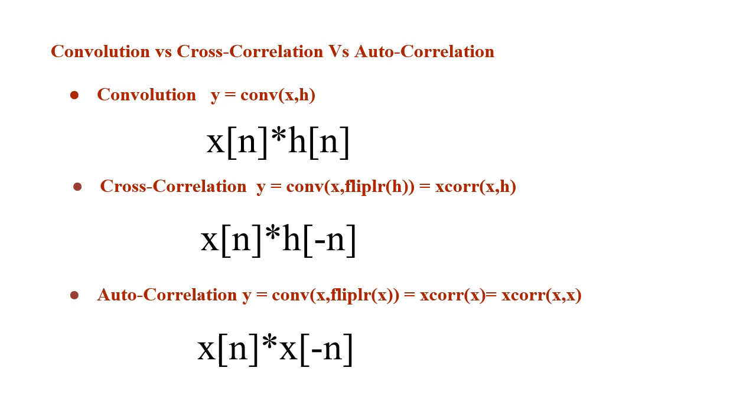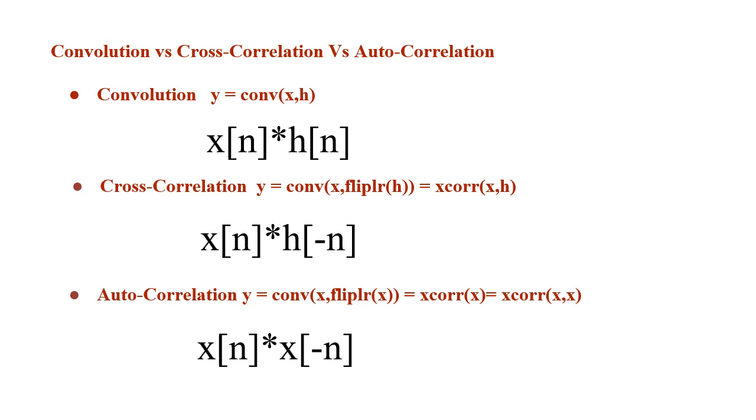The cross-correlation, on the other hand, is defined as the convolution between x and h of negative n. That means you can simply flip h, the second signal, and convolve it with x. That will give you the result of cross-correlation. But there's actually a built-in command for that, which is named xcorr.